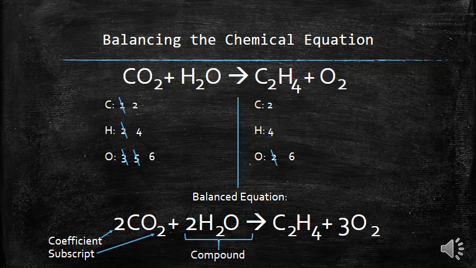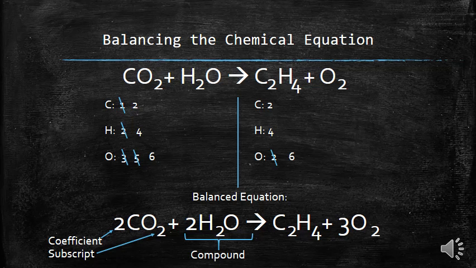So in order to balance out the equation, I had to find which coefficients to multiply each element by in order to get them to be the same on each side. So right now, what I had to do was multiply CO2, on the top equation, I had to multiply the coefficient of 2 to CO2 in order to balance carbon, the reactants carbon with the products carbon.